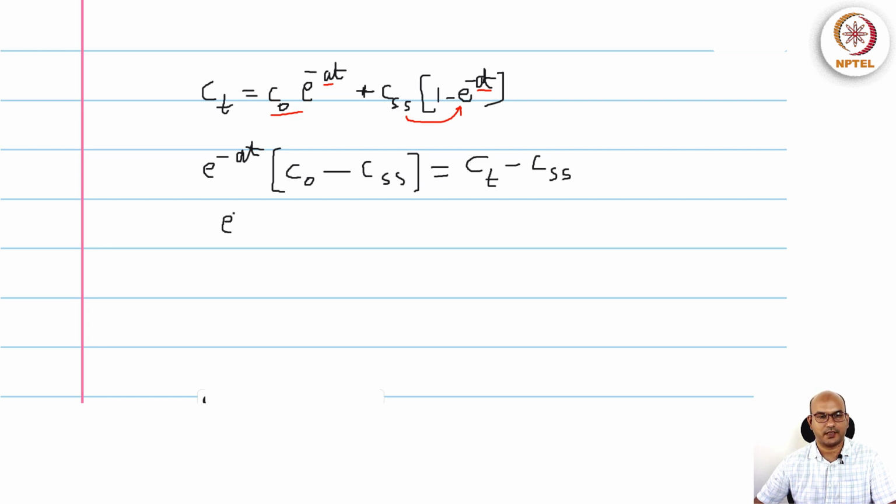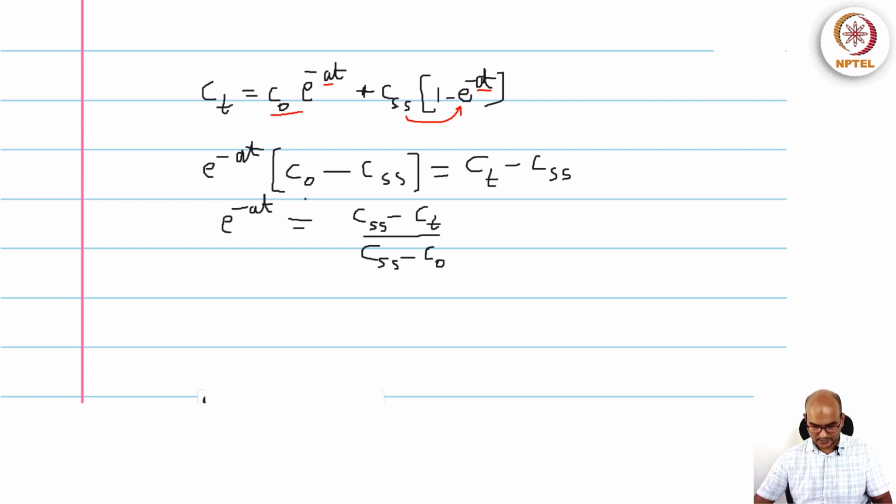Or we have e to the power minus At is equal to (Css minus Ct) divided by (Css minus C0). So I basically just multiply both sides by minus 1. So this becomes Css minus Ct, and this becomes Css minus C0.